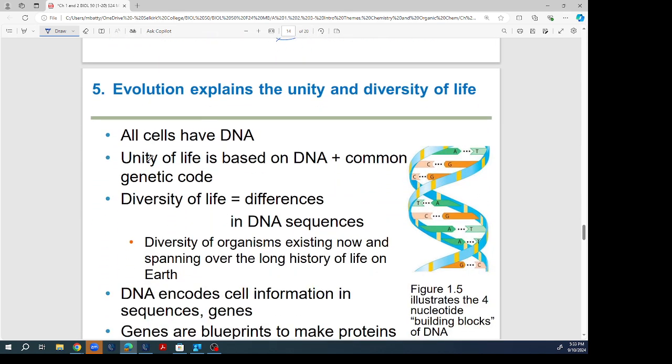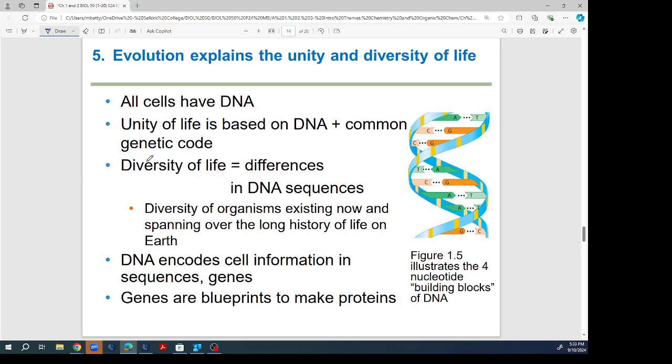Okay, and the fifth one, evolution explains the unity and diversity of life. I love evolution and thinking about things to do with evolution. So at the core of it, in cells, they all have DNA. And DNA is a macromolecule that you will read about when you do your pre-reading for chapter 3.